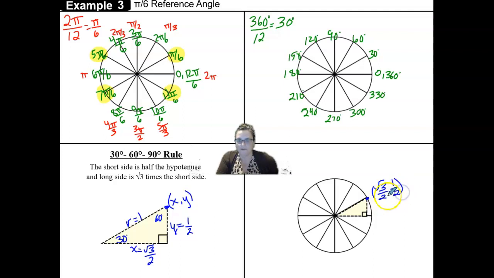When I reflect that into the second quadrant, x is negative, y is positive, and so this would be a negative root 3 over 2, comma 1/2. In quadrant 3, both x and y are negative.